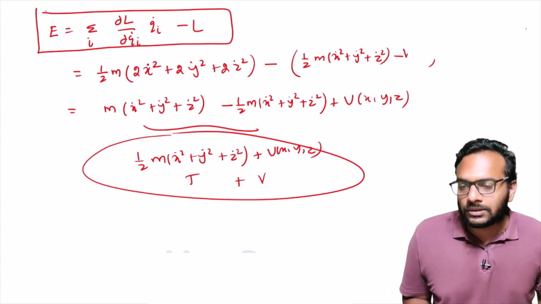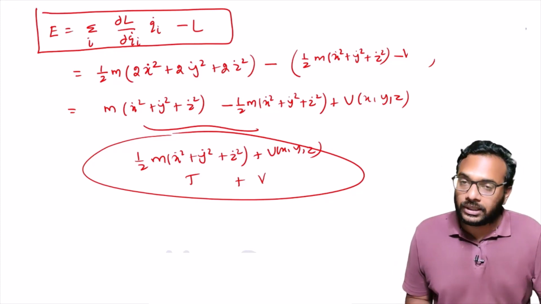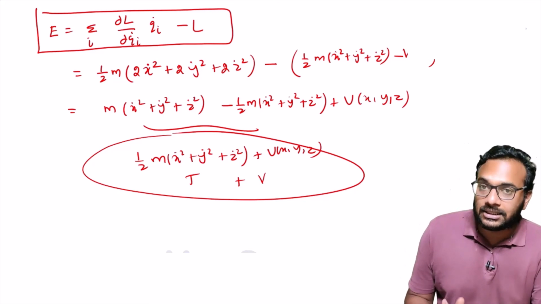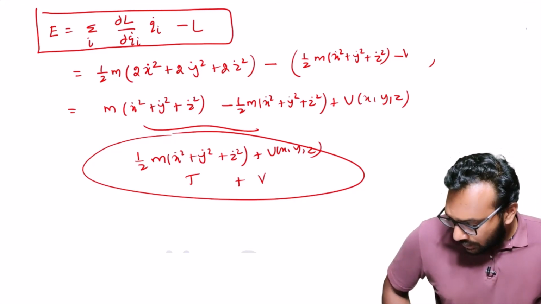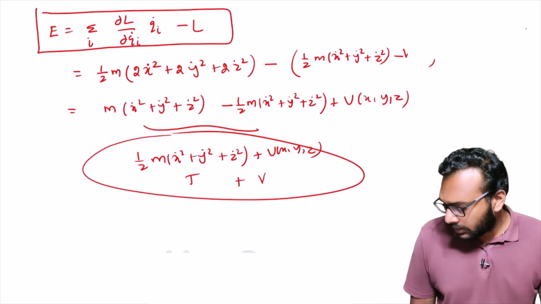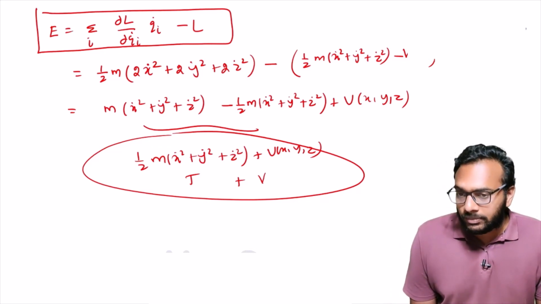So the summation over i of ∂L/∂q_i dot minus L is the conserved energy of the system. Now we have to be a bit careful here.